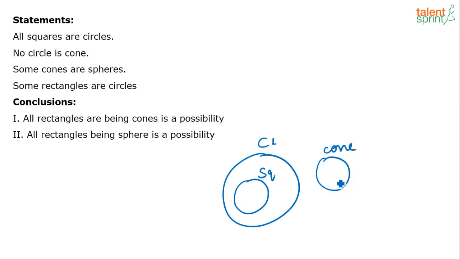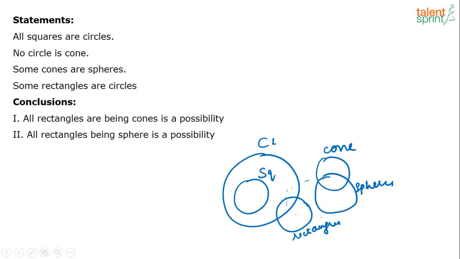Some cones are spheres. Actually, spheres can intersect here also, but I am going to represent spheres just here. And some rectangles are circles, so I am just drawing it here. We don't know anything about the intersection between spheres and rectangles. I have just represented it with minimal overlapping.